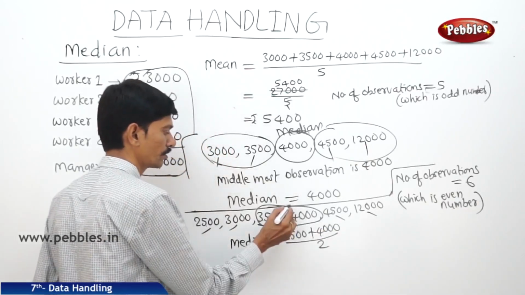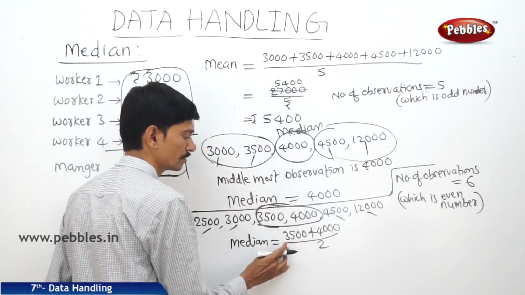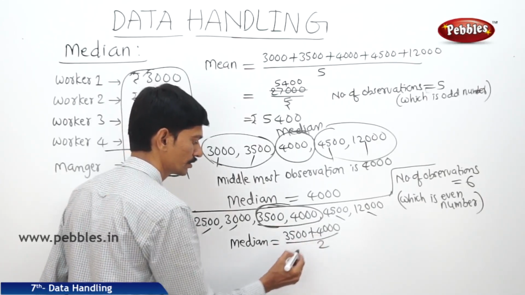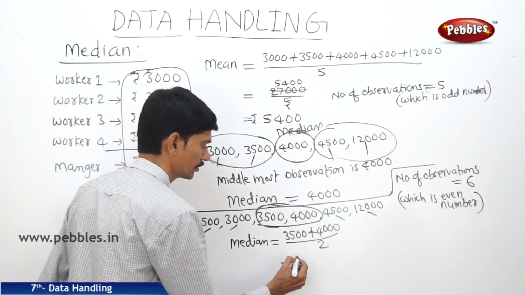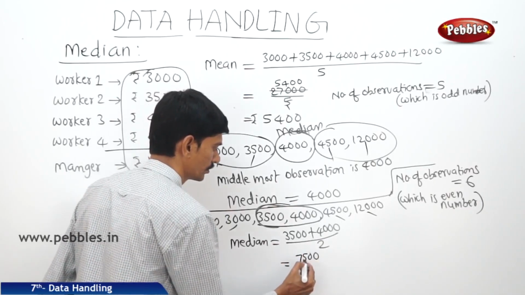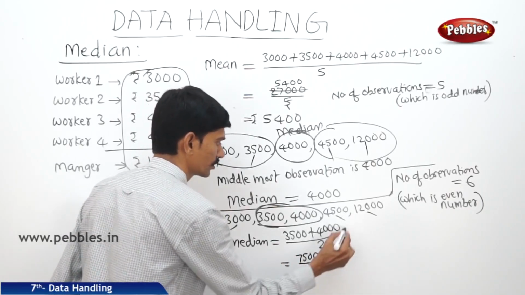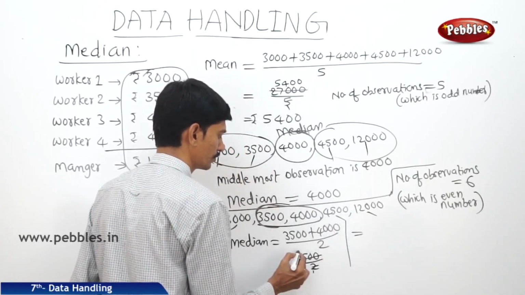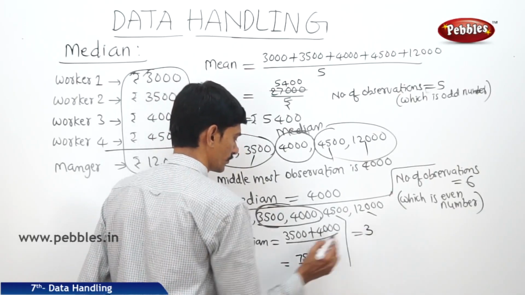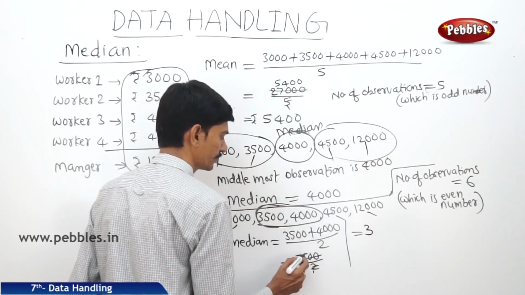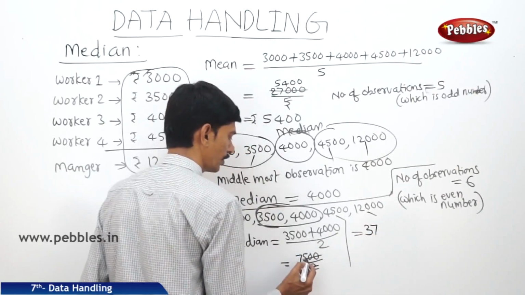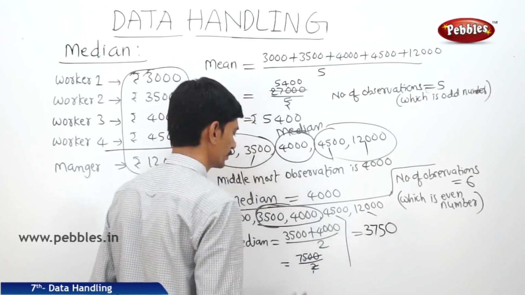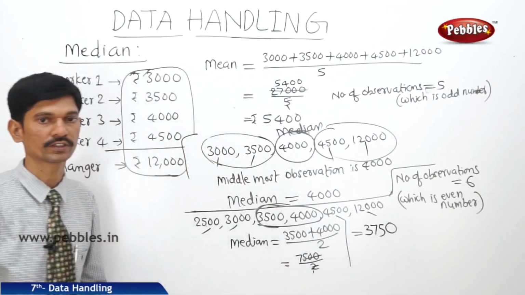So the average of these two observations is nothing but their mid value. Then we get 7500 by 2. 2 ones are 2 and 2 threes are 6, 1 remainder 15, 2 sevens are 14, 1 remainder 10, 2 fives are 10, 0, 3750. So this is the median of the given observations.